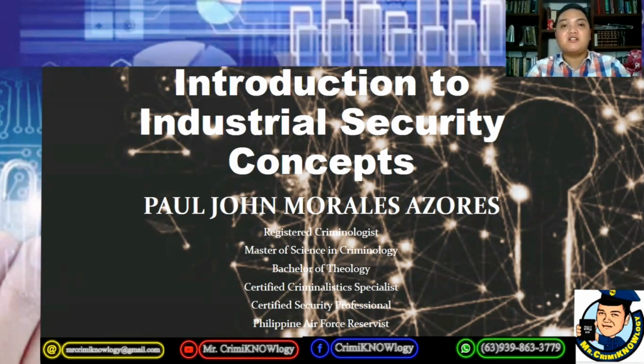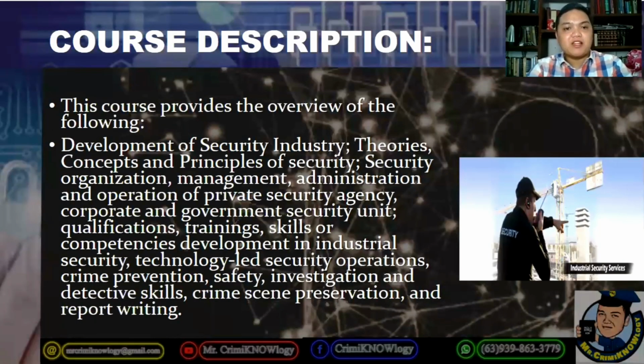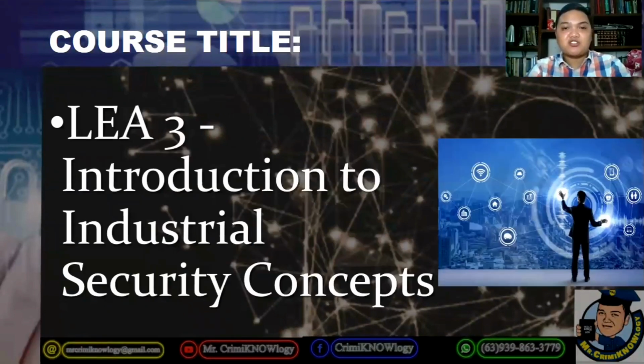So they have their own program for this course, but as an introduction, we'll be talking about its concepts in general. Again, under the new curriculum, the course title is LEA 3, or the Introduction to Industrial Security Concepts.